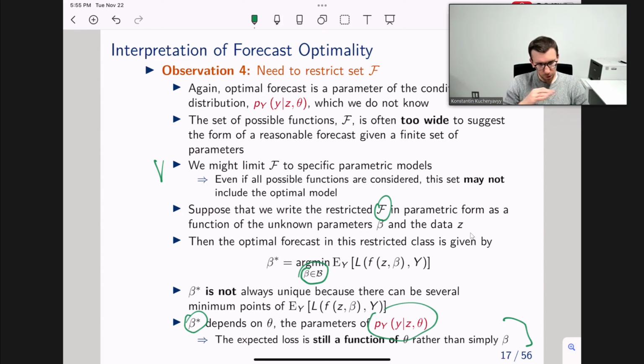Even if you made all the assumptions and specified everything very formally, you might never achieve the unique optimal forecast. And knowledge of this might actually give you some freedom in your choices, because you know that at the end of the day, achieving a unique optimal forecast is impossible. And so you can experiment with different forecasts. That frees your hands.